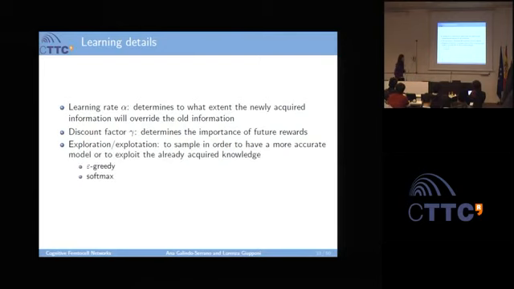So how can we do this? There are two main forms to do it. One is called e-greedy, and this means that we will select actions in a random way given by the epsilon value, and the rest of the time we will do exploitation, and this means that we will select the best action for the given state.